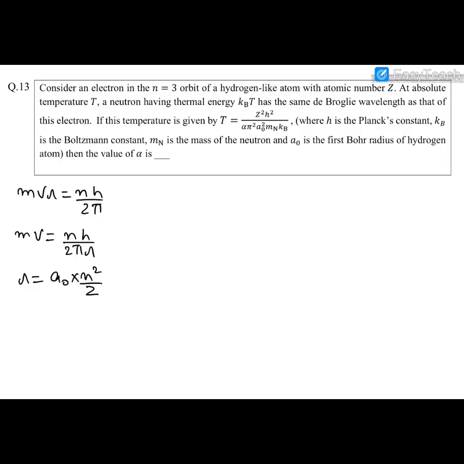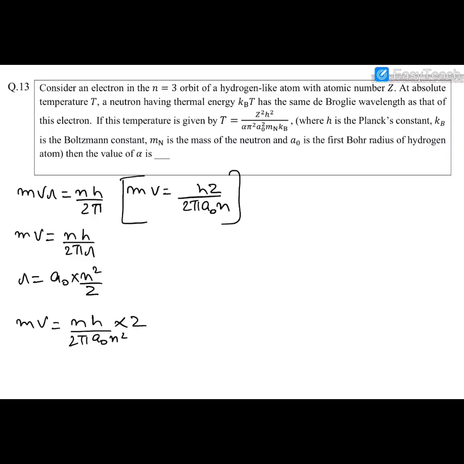And mv is the momentum, and it would be nh by 2 pi a naught into n square by Z. So mv will be equal to nhZ, in fact n would be cancelled in the denominator, so hZ upon 2 pi a naught n.